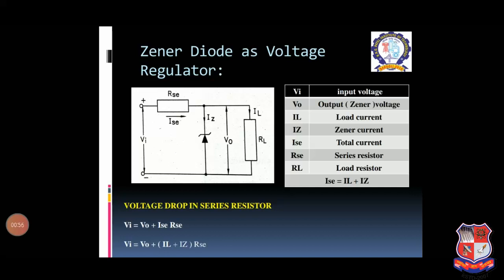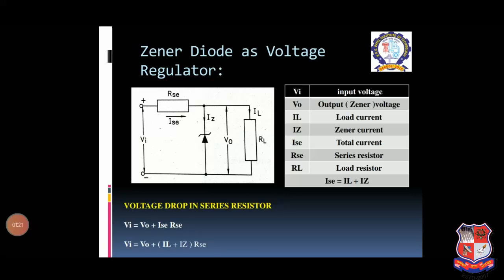This voltage across the load may be kept constant by making use of a Zener diode. A Zener diode with a series resistor is connected between the DC output terminals of the rectifier and the load, which is clearly shown in the figure.